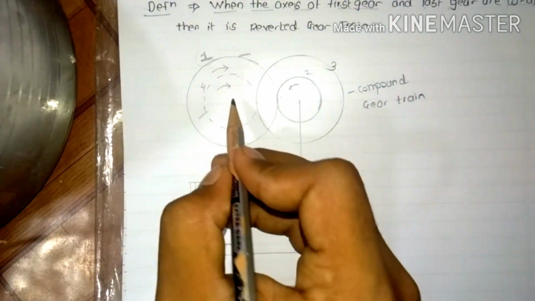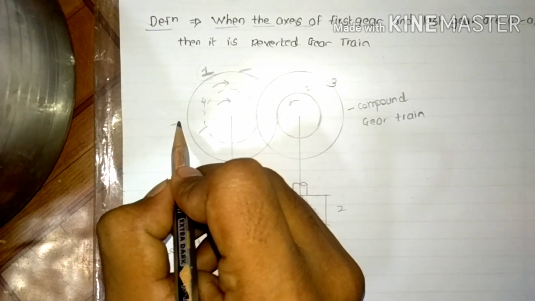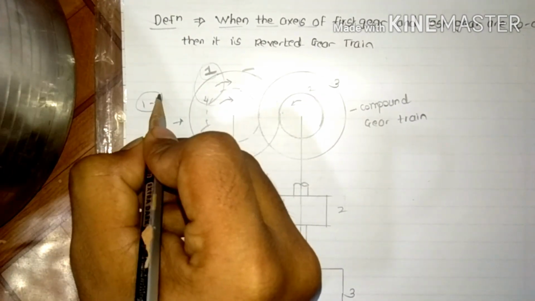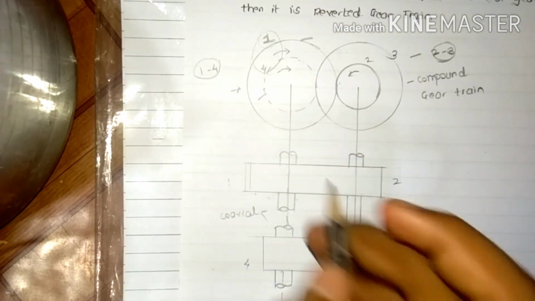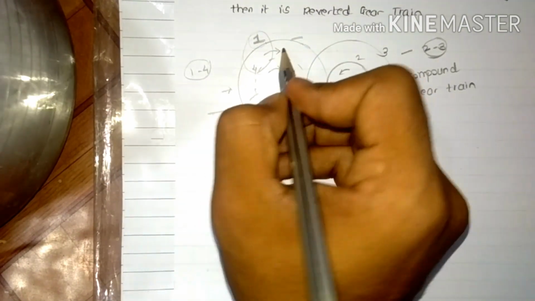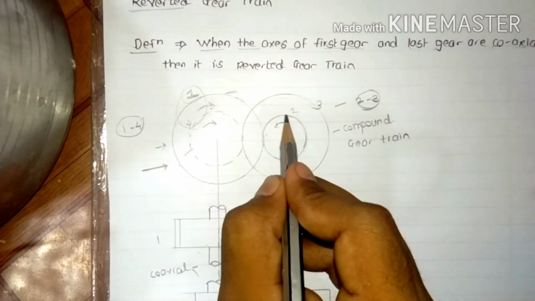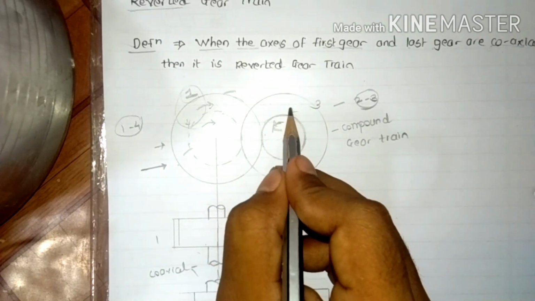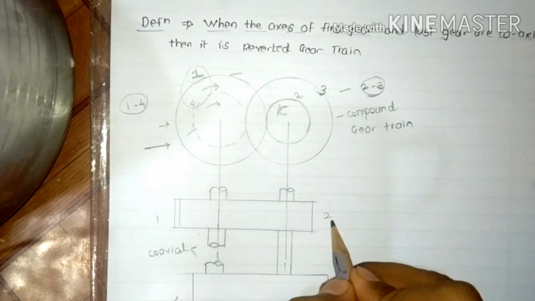So we refer to this figure. Here we have 4 gears or 2 compound gears, that is this one is first compound gear, that is 1 4, and this one is second compound gear, that is 2 3. So when we give power to this first gear, it will rotate in clockwise direction, and because it is meshing with the compound gear 2, the compound gear 2 will rotate in anti-clockwise direction, and compound gear 2 and 3 are mounted on the same shaft, that is 2.